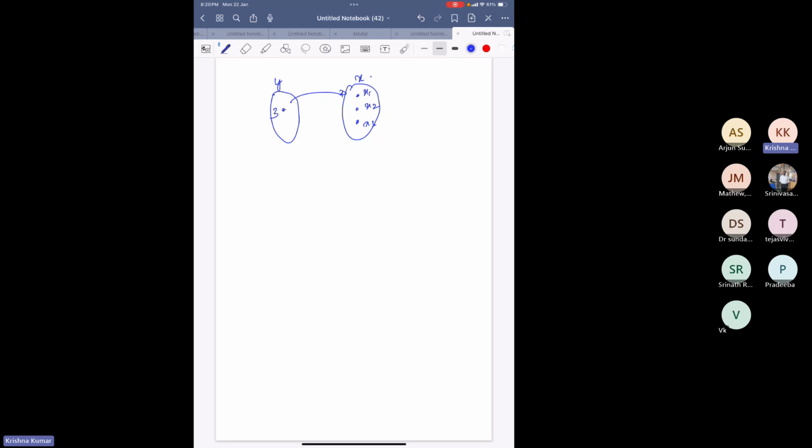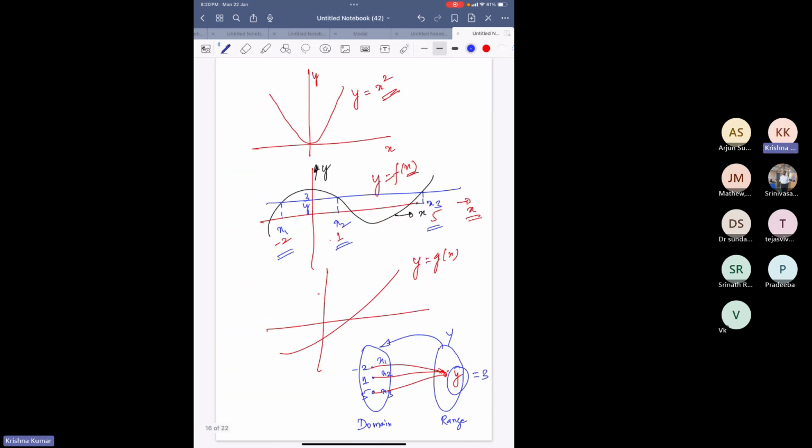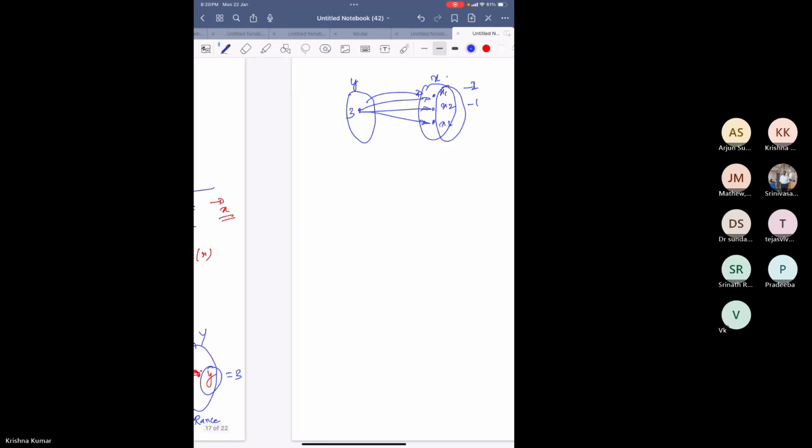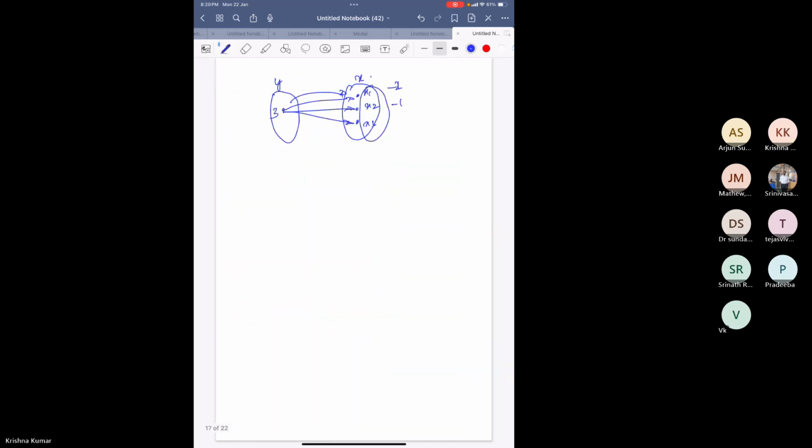I can go from 3 to x1, or to x2, or to x3, because all three values, -2, 1, and 5, took me to 3.